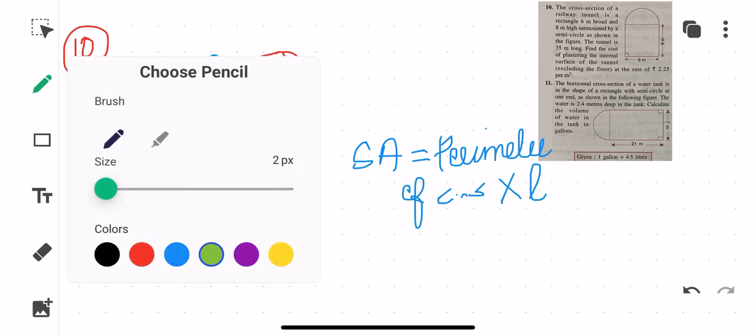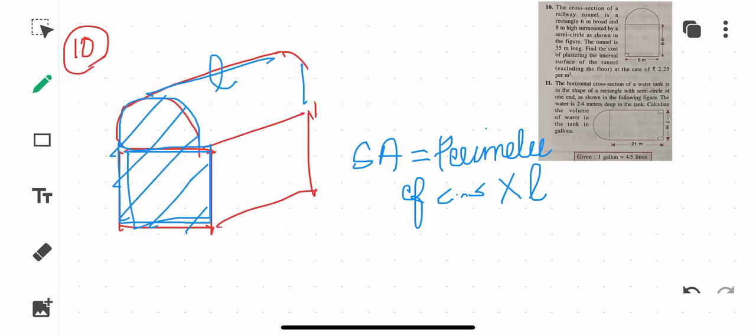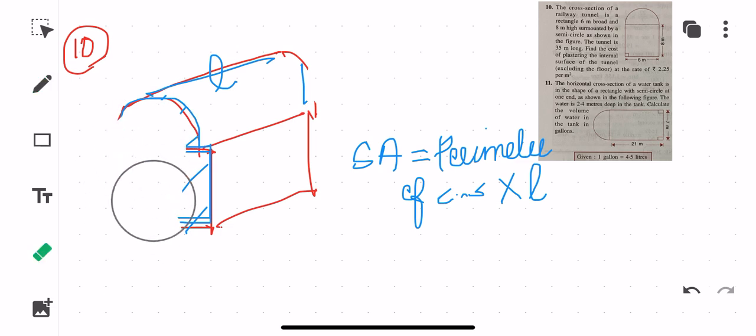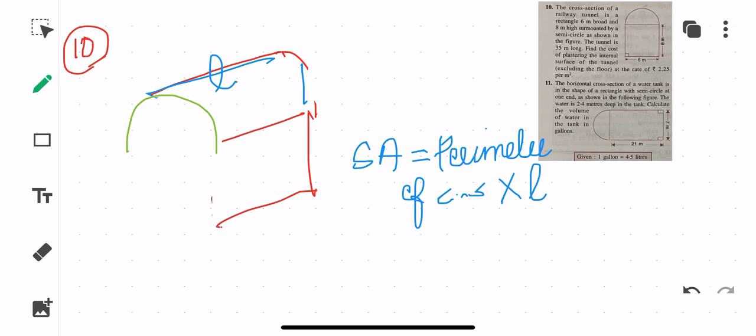Since I have made this figure very clumsy, I'll tell you. Suppose this is my tunnel part. Here the perimeter will be equal to this particular semicircle, plus these two sides of this particular rectangle.